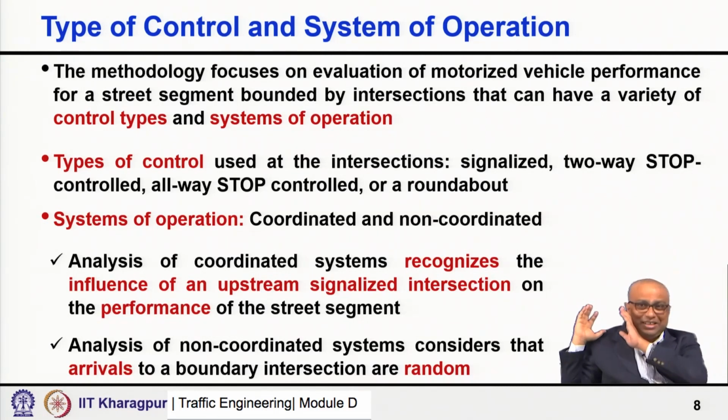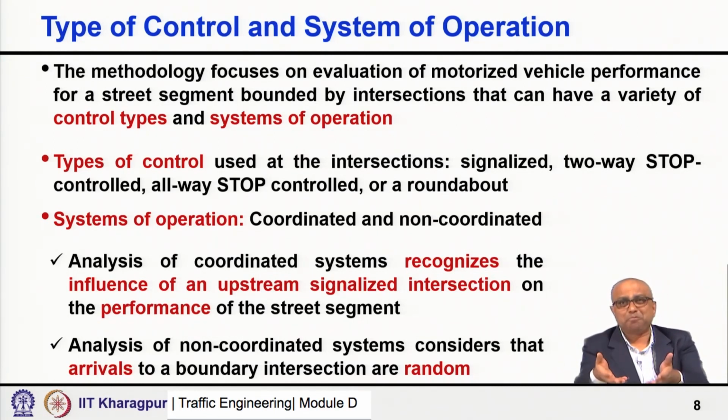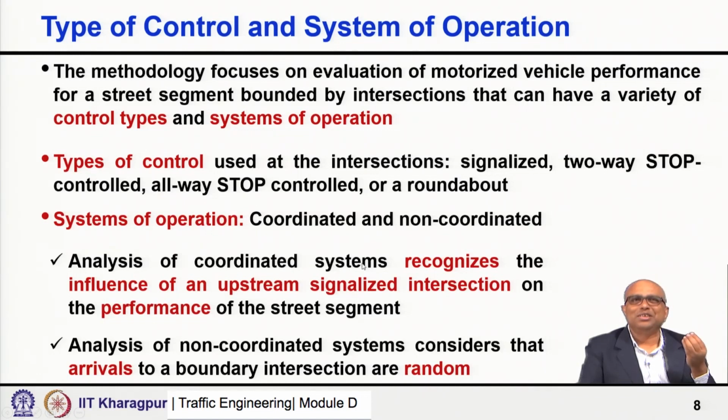A bunch of vehicles get released, and how they move when reaching the downstream signal matters, and the signal timings are also adjusted so that is when you try to give green. So, obviously, when we are analyzing a coordinated signal system, the analysis procedure recognizes the influence of an upstream signalized intersection on the performance of the street segment.